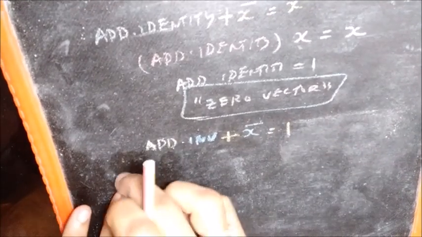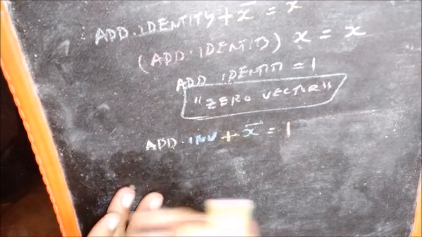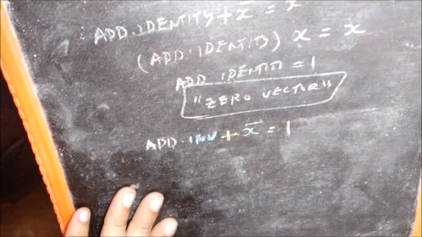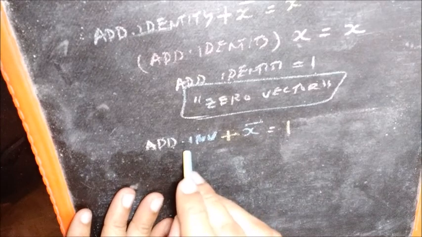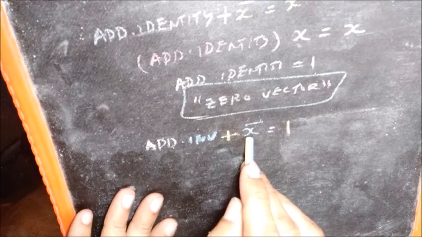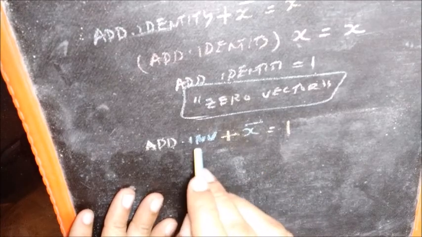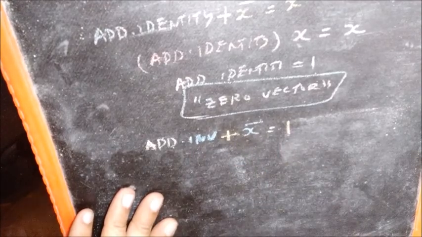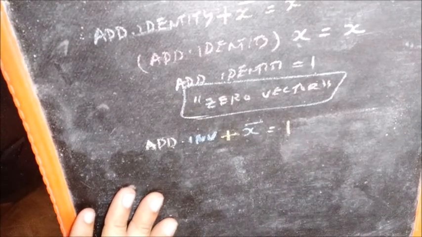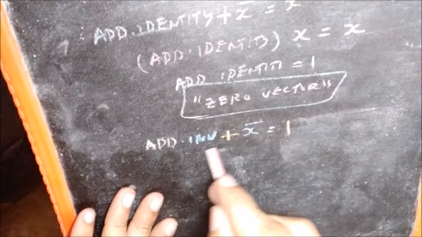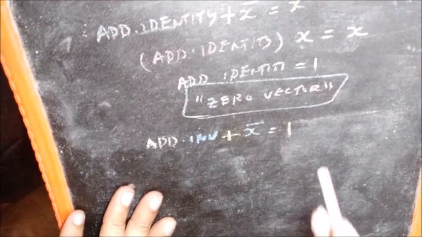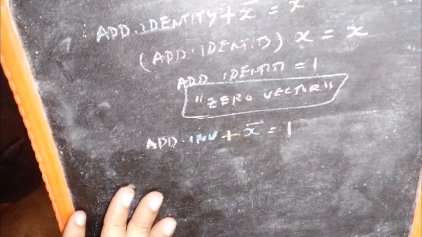So the additive inverse of a vector x is such that if you add x with it, I should get the result 1, because 1 is our 0 vector.